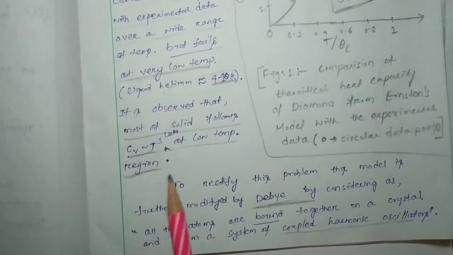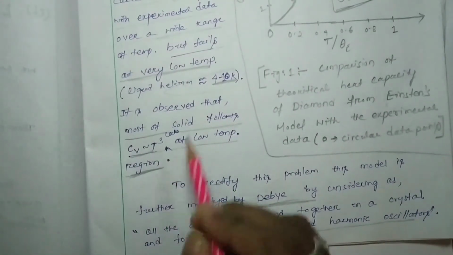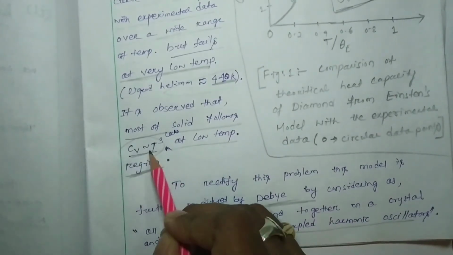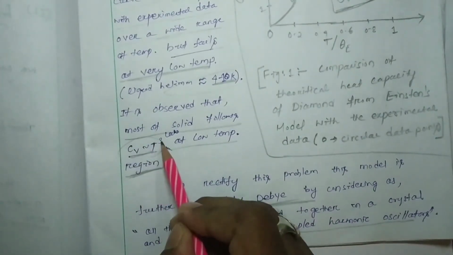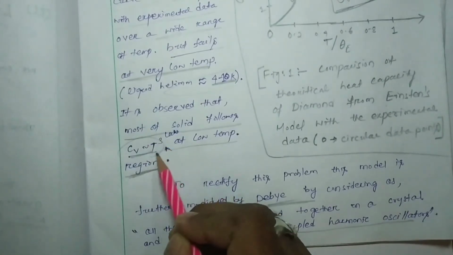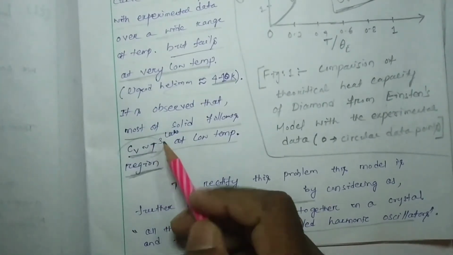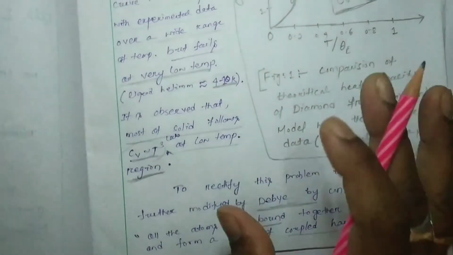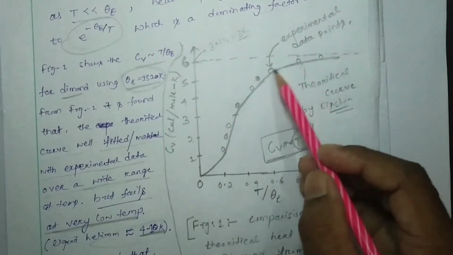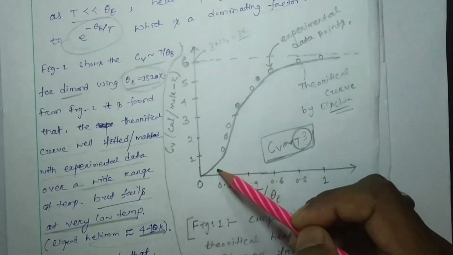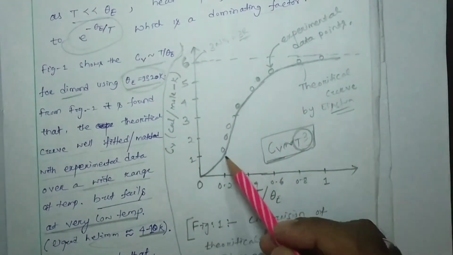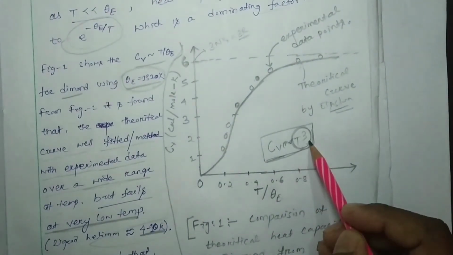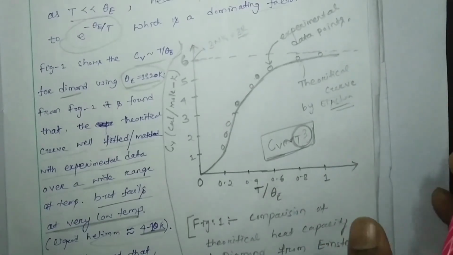Here Einstein fails to explain why Cv varies proportionally with T cubed. Einstein explained that with decrease of temperature Cv decreases, but at very low temperature why Cv varies with T cubed, not exponentially, he was not able to explain.